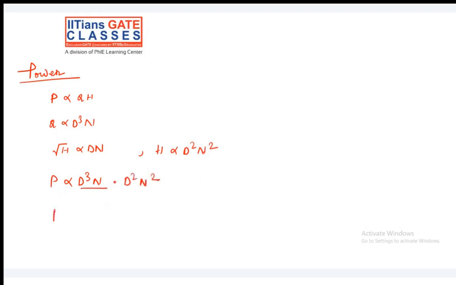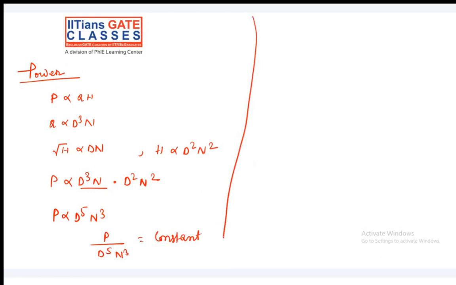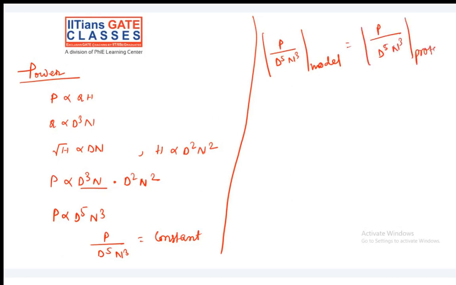So power is directly proportional to D to the power 5 N cube. So power upon D to the power 5 N cube is constant. So P upon D to the power 5 N cube of the model is equal to P upon D to the power 5 N cube of the prototype. Simple.